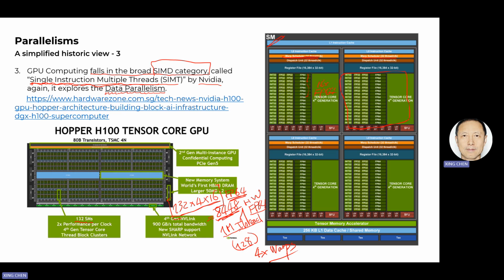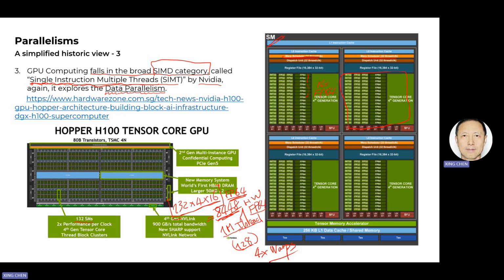Later on, we are going to find out that GPU computing is not easy. If you want to do GPU computing, you have to really explore the data parallelism by having many more threads per GPU, to make it worth your effort to move to GPU computing. Starting from day one, GPUs are exploring data parallelism.